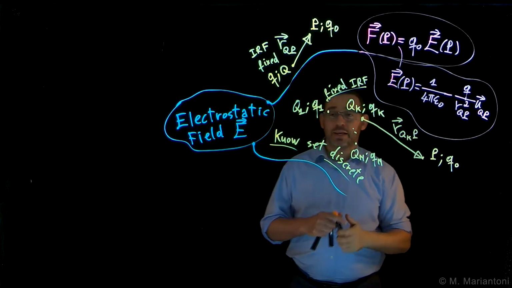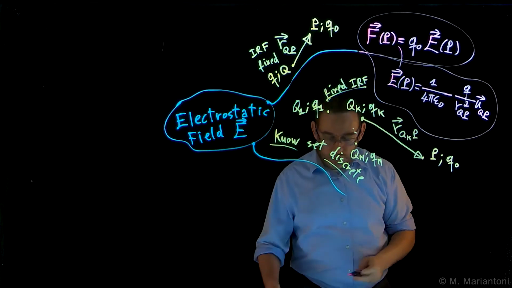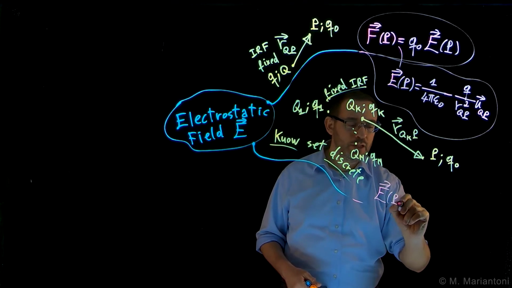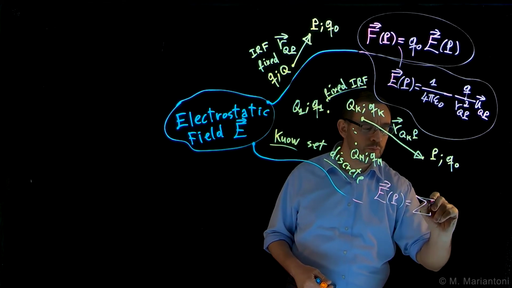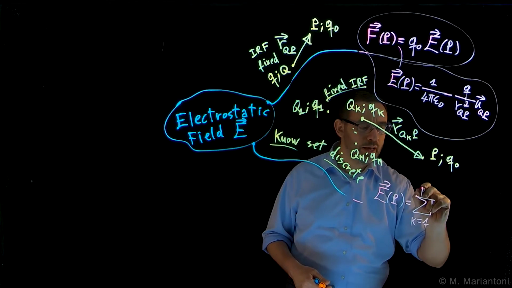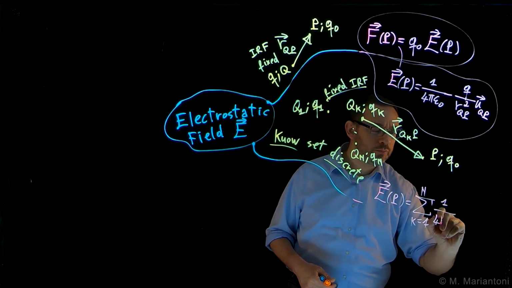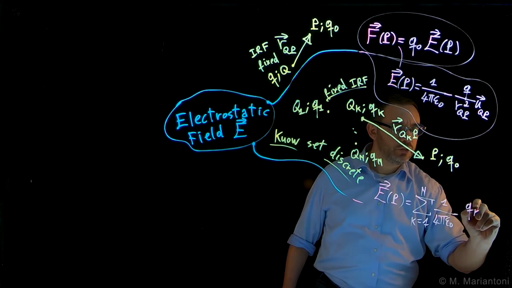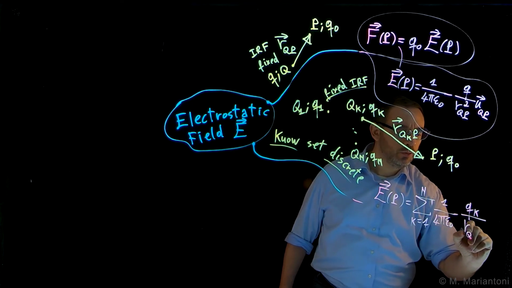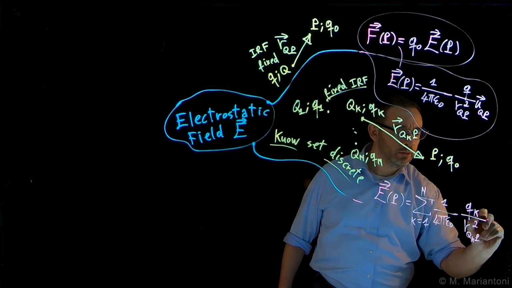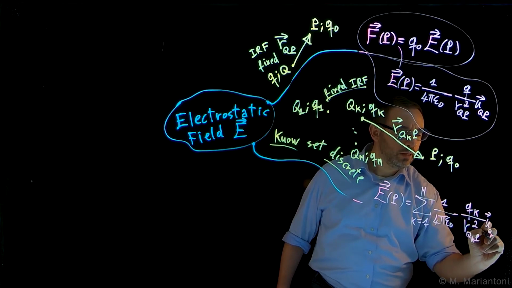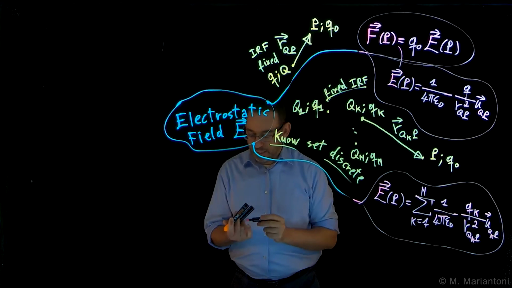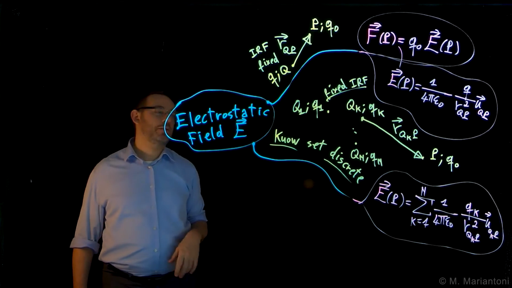In this case, we can use the superposition principle, which allows us to find E at point capital P, the observation point, as the sum for K from 1 to capital N of 1/4 pi epsilon naught, times any of the source charges Qk divided by R_QKP squared, U_QKP. Beautiful. This is the case when we have many known discrete particles fixed in the inertial reference frame.